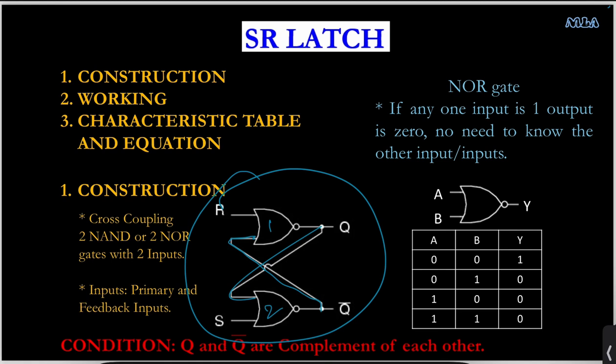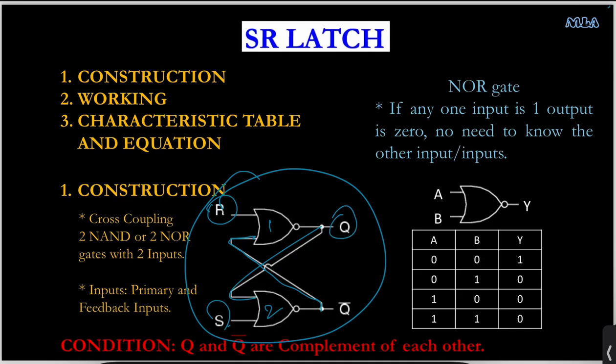Now, look at the inputs. We can see that S and R are the direct inputs that are driving gates 2 and 1 respectively. These are called the primary inputs. Apart from this, we have the other inputs that are taken from the outputs of the other gates. Those are the feedback inputs. So Q and Q bar form the feedback inputs.